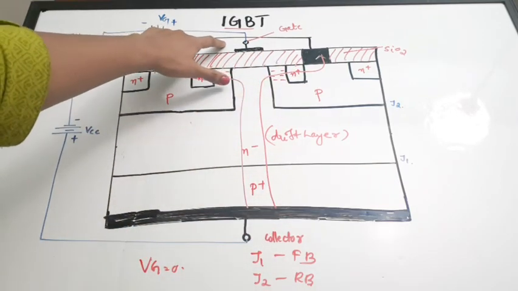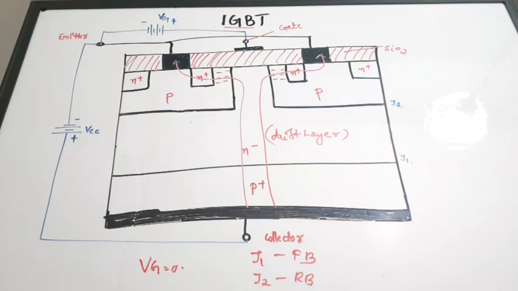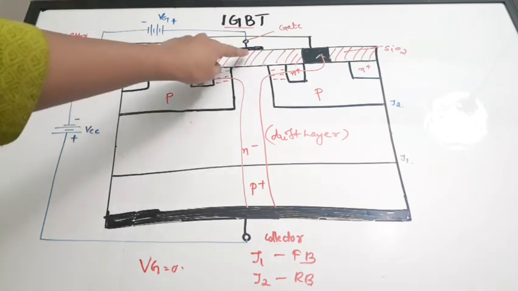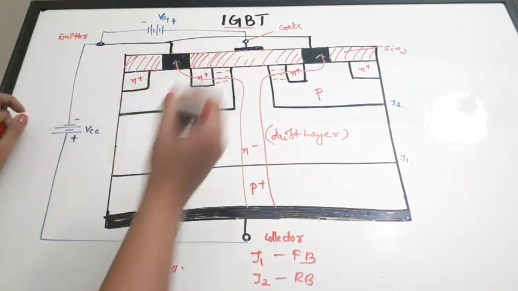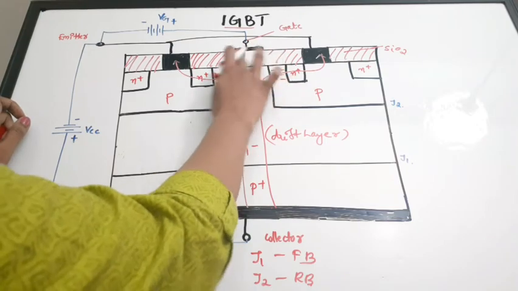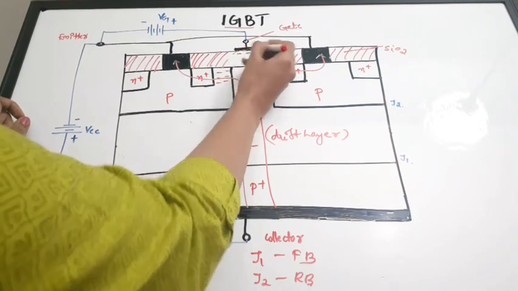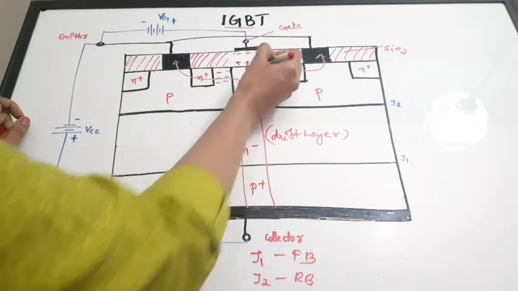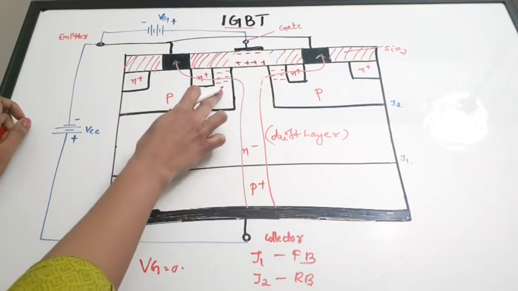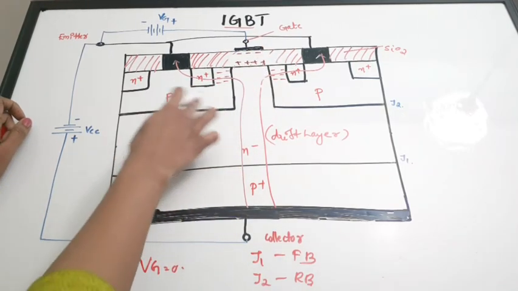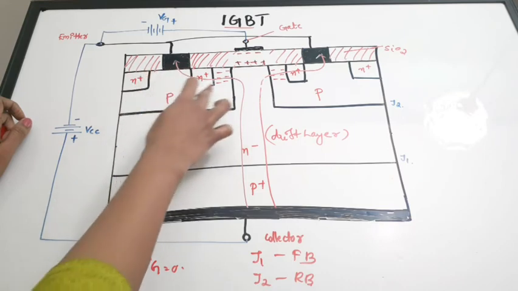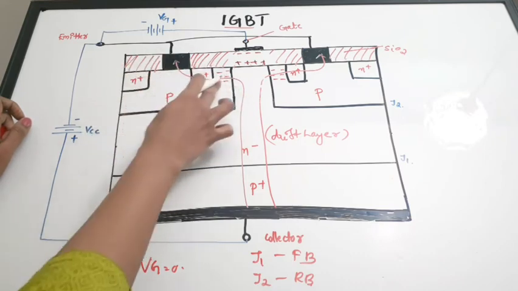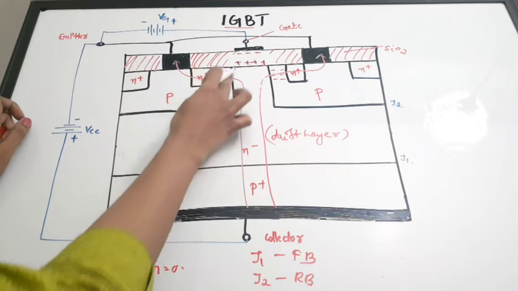So this is how the layered structure is, and this is how the conducting path is formed when the gate voltage is applied. When the gate voltage is applied, there will be negative charges here, and there will be a capacitance like effect formed here. So there will be negative charges and then positive charges on the side. And these positive charges will attract the negative minority electrons present in this region, and the negative charge will get accumulated here.